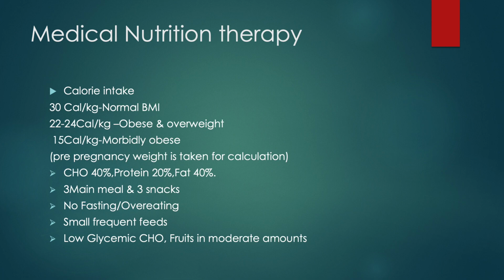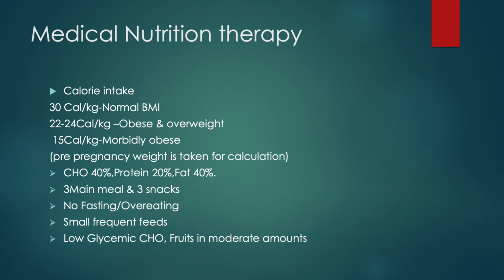And we all know that in pregnancy there is fasting hypoglycemia and postprandial hyperglycemia. To avoid these fluctuations in the blood sugar level, it is better to give more frequent small meals.